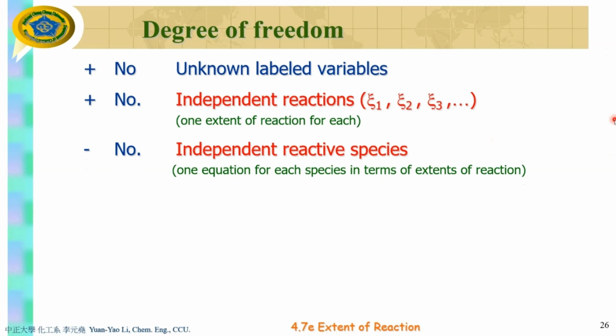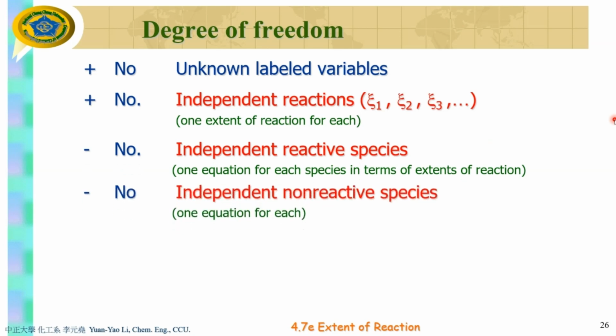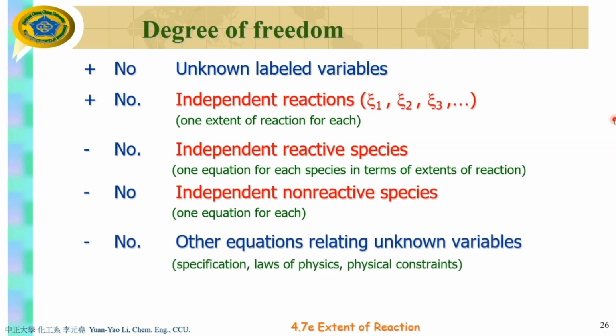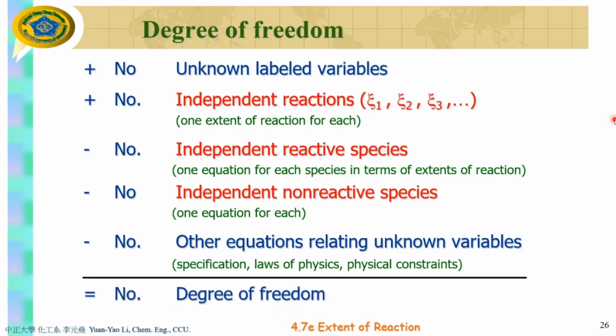The third one is independent reactive species. The fourth one is independent non-reactive species. So it's related to species. And then minus other equations related to unknown variables. So if you do this and you get an answer of 0, then you can solve the problem.